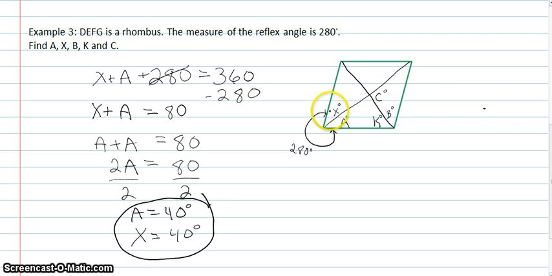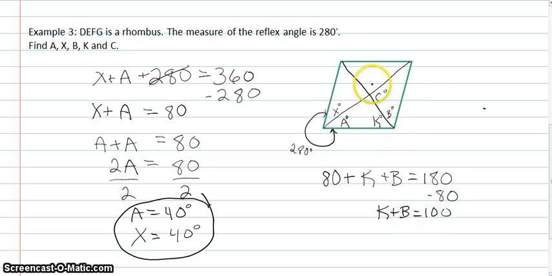Since I know that this x plus a is 80 degrees, and it is adjacent to KB, those two would add together to give me 180 degrees. So I'd subtract the 80. So k plus b equals 100. Now again, k and b are being divided by the diagonal, and that means that they're going to be equal because it just divides them in half.